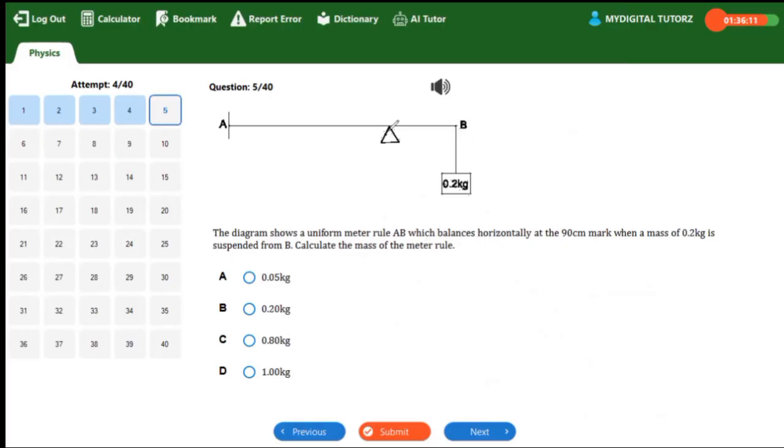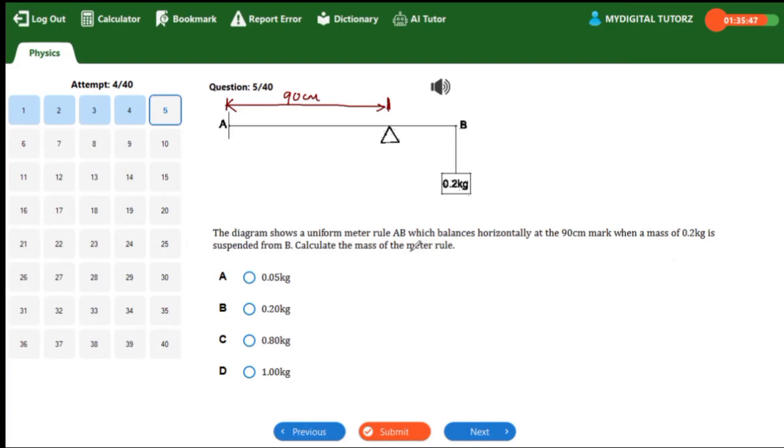That is where it balances, this fulcrum, that is support. So it balances here at the 90, meaning that from this edge to this point is 90 centimeter. Calculate the mass of the meter rule. The mass of the meter rule will be suspended at the center.